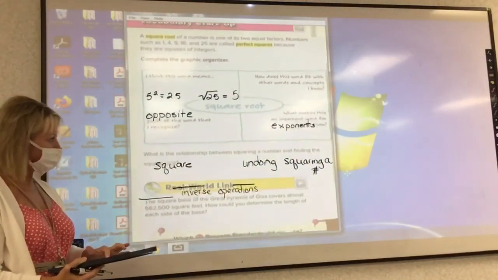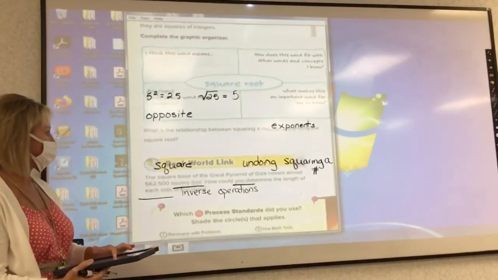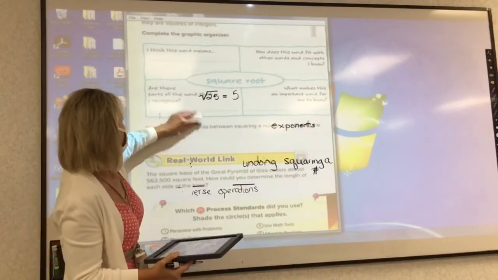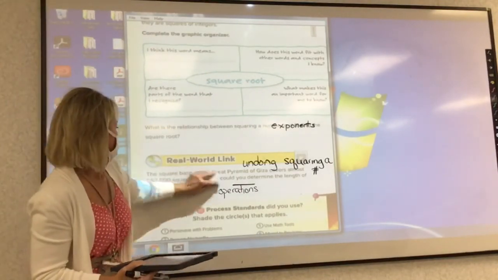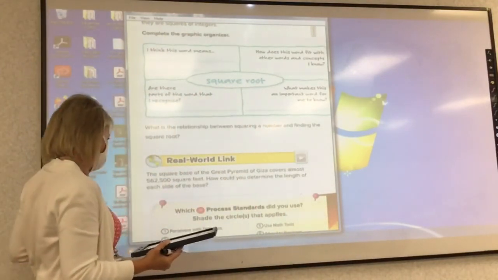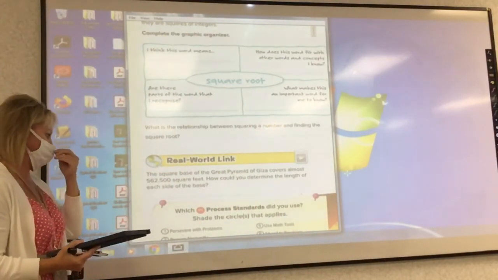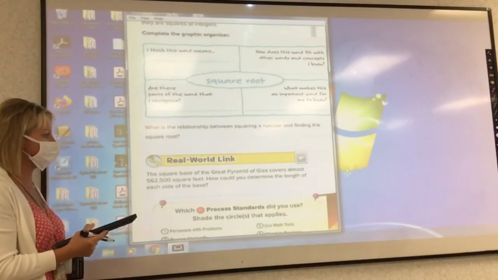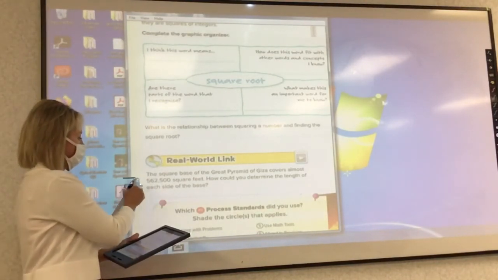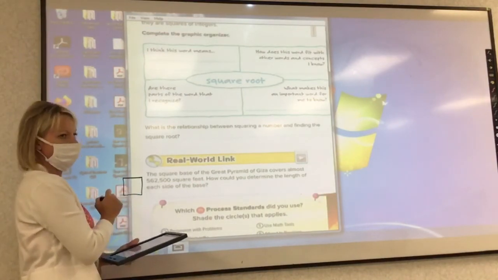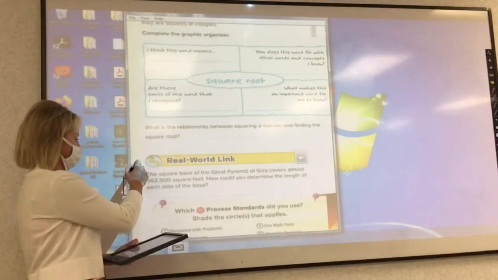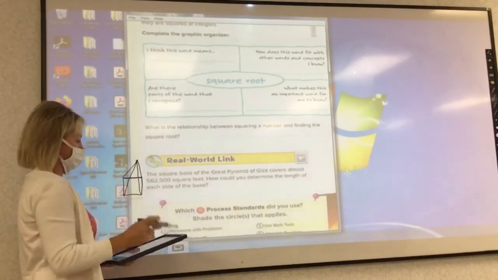So then if we have a real world link, it says the square base of the Great Pyramid of Giza covers almost 562,500 square feet. How could you determine the length of each side of the base? Here is our base, because our pyramid would look like that, right?